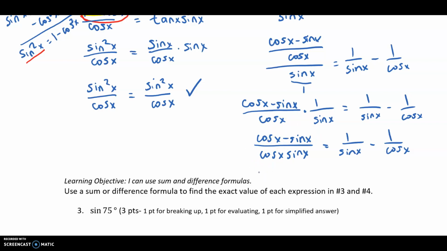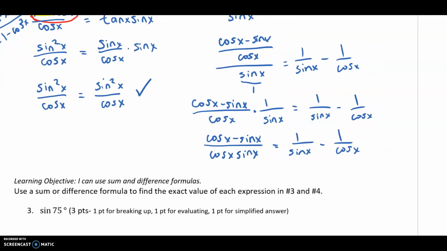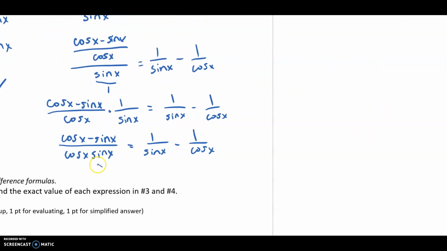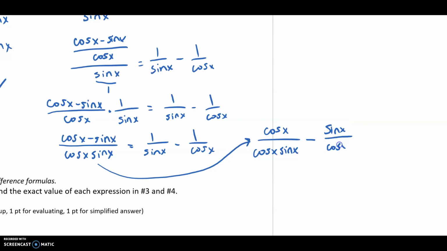Would that help me? Yeah, it would help me. So if I rewrite this as cosine x over cosine x sine x minus sine x over cosine x sine x, it's still supposed to equal 1 over sine x minus 1 over cosine x.